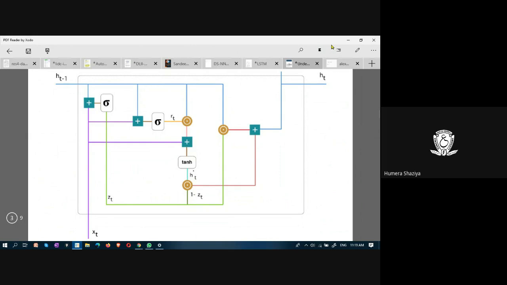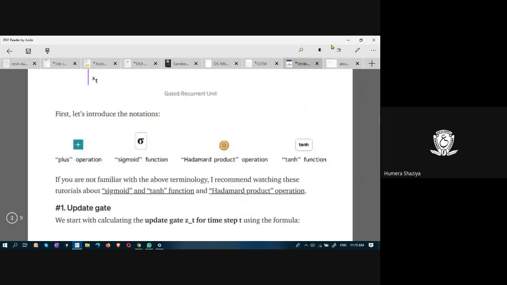This output from the previous unit is also going on to multiple gates. One is here, one is here, and another one is here. And how this is carried out, we will look at.